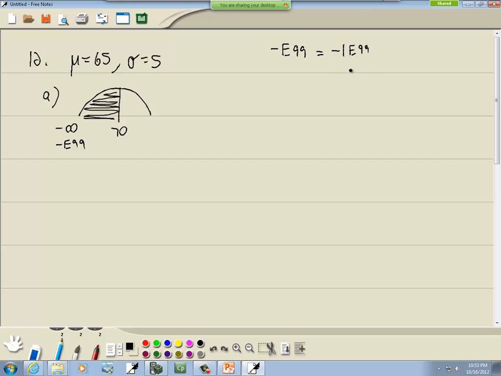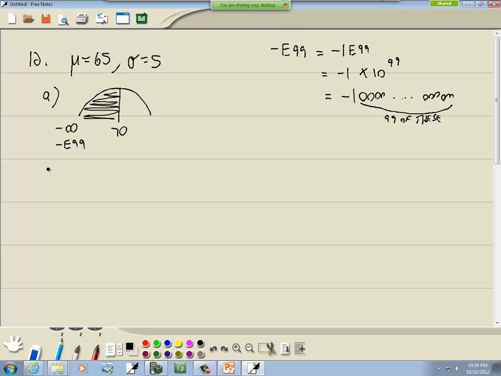There's an implied 1 there, which means negative 1 times 10 to the 99th power, which means you got negative 1 and you got 99 zeros. So you got 99 of these. That's a really small number. That's about as close to negative infinity as we can get.